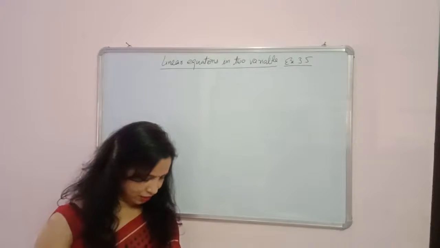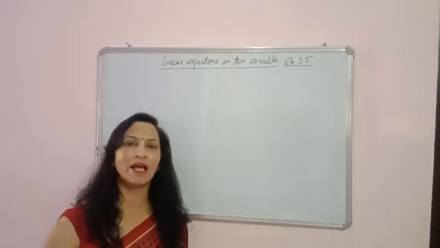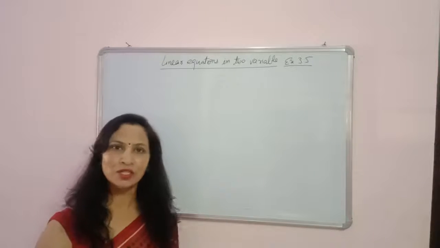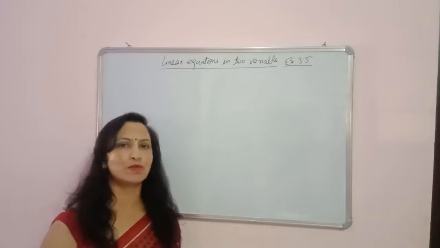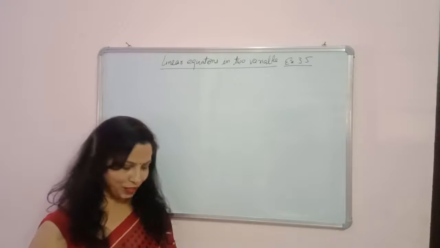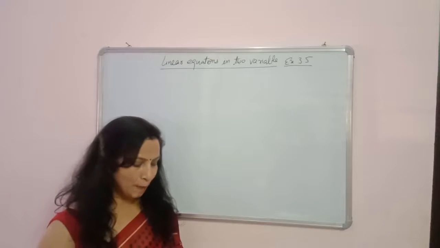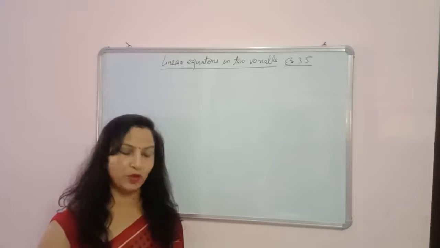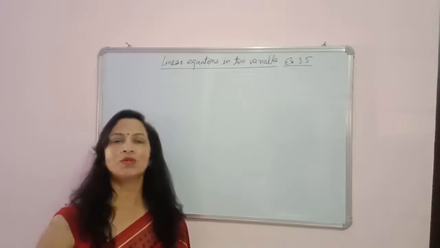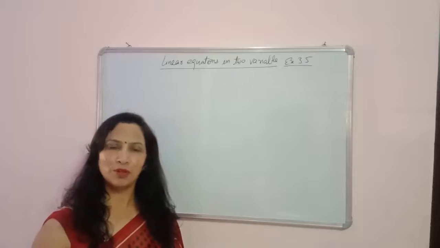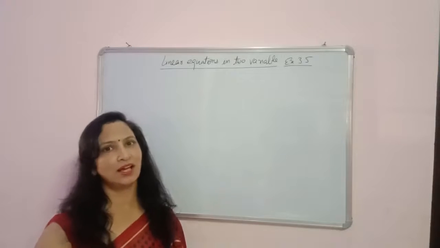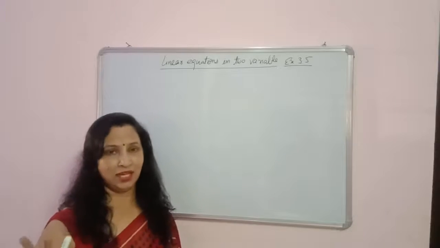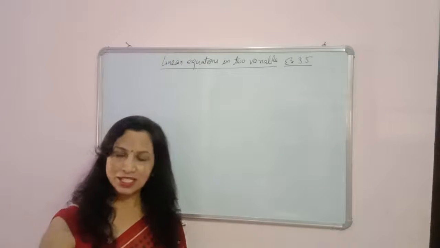You can solve these equations by any of the methods, either substitution, elimination or cross multiplication. It's your choice. The first question is: a part of monthly hostel charges is fixed and the remaining depends on the number of days. Suppose you take food from your hostel mess, and according to the mess, their charges are like this.